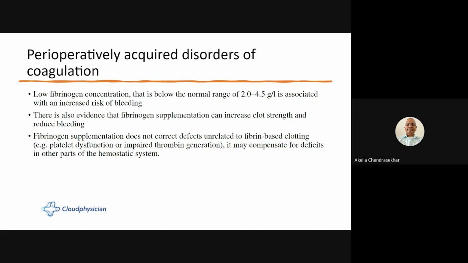Even if they're seemingly normal, because 2 grams per liter is pretty close to normal range for most fibrinogen levels, yet there is increased bleeding. You really want to think about transfusing cryo in that setting. So keep that in mind. If your patient is bleeding or their hemoglobin is dropping even slowly, keep that in mind. Next slide.